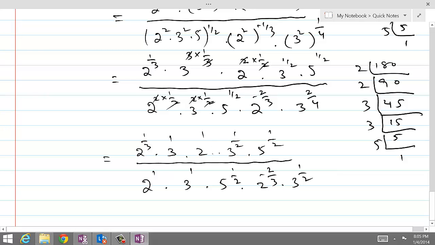See what can cancel in the numerator and denominator. This and this can cancel. 3 power 1 and 3 power 1 can cancel. 5 power 1 by 2 and 5 power 1 by 2 can cancel.